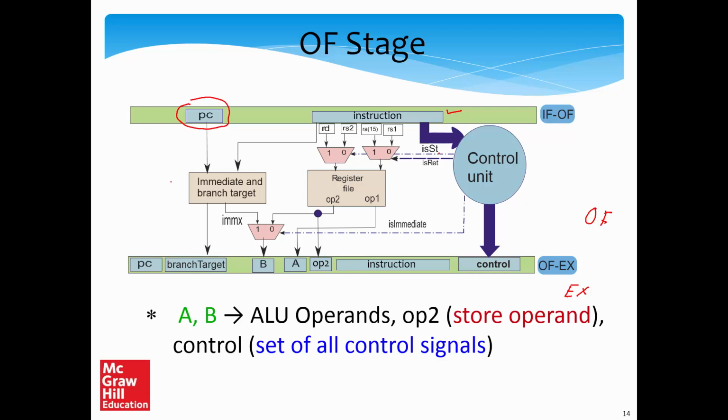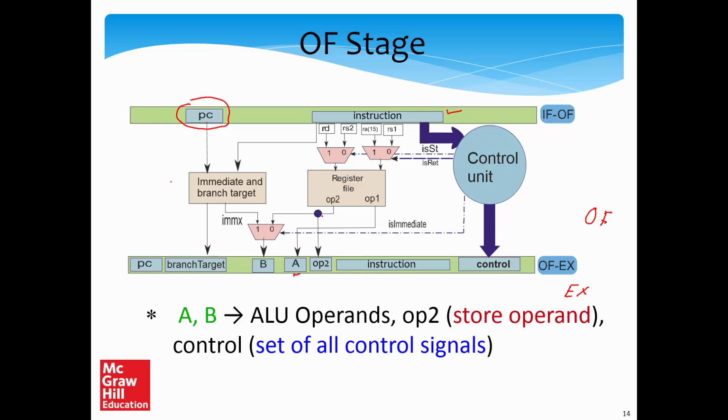And the second read port, based on the isStore signal, either took in the contents of the RD register or the second source register, which is RS2. Then the register file has two outputs. OP1 is one output and OP2 is the other output. So OP1 we directly save in the pipeline latch and we call it A.